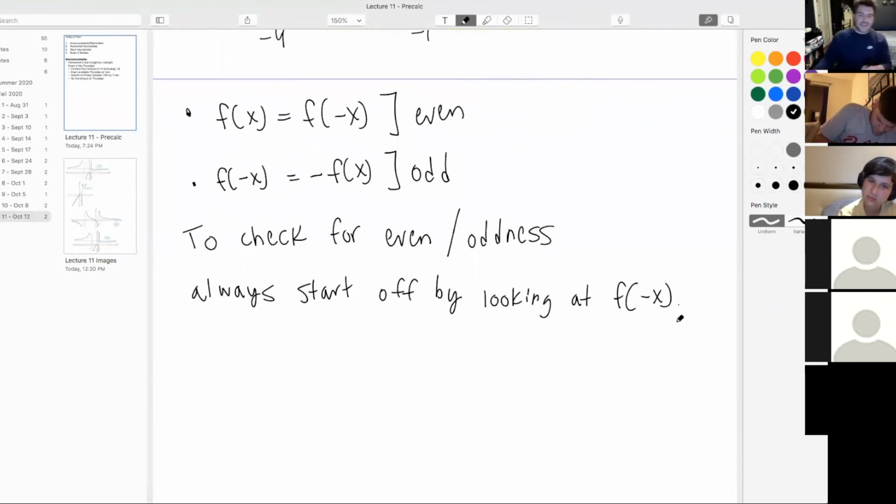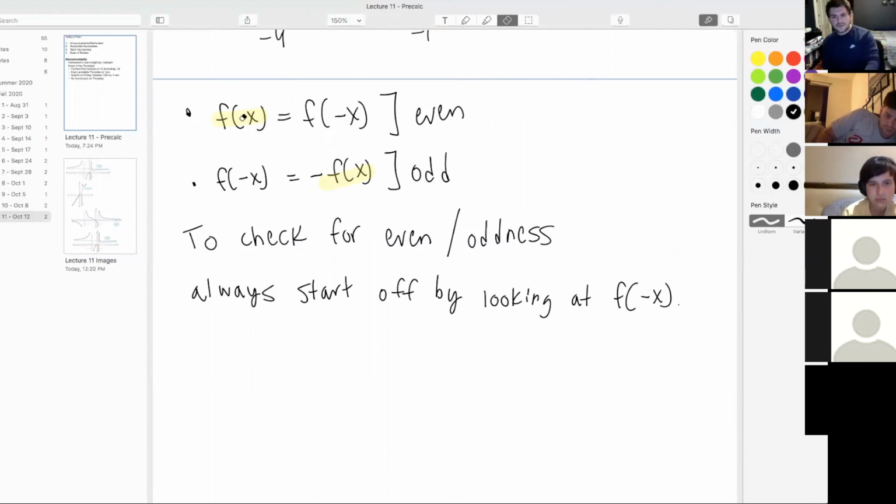So you plug in -x and you start to manipulate it, and you see what happens. Do I land at f of x, or do I land at minus f of x, or do I land at neither? What you land at will determine if you're even, odd, or neither. Because both of these definitions have an f of -x in them.